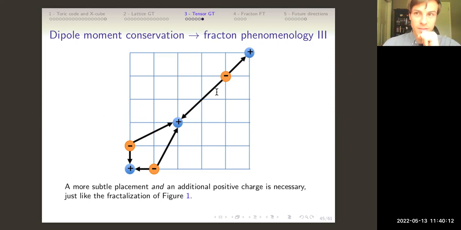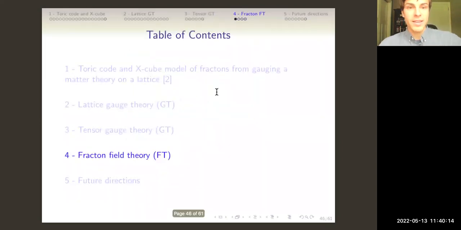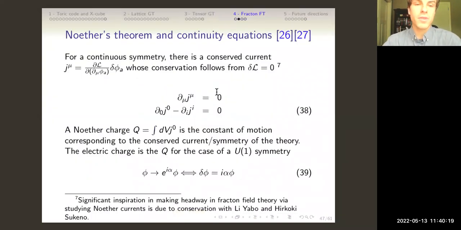And using this tensor gauge picture, there's this kind of revolution in how we get this from a field theory perspective, almost a classical field theory perspective, using Noether's theorem and continuity equations. We can have a Noether charge, which is a constant of motion due to a symmetry in a particular Lagrangian.